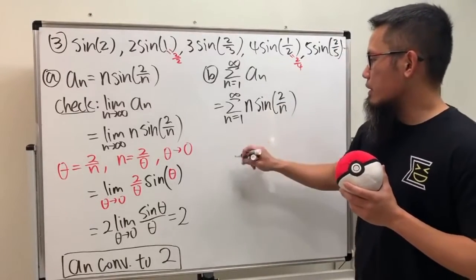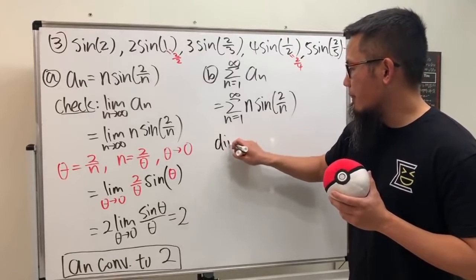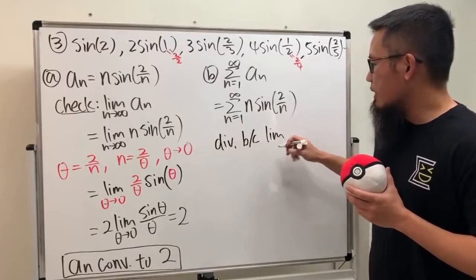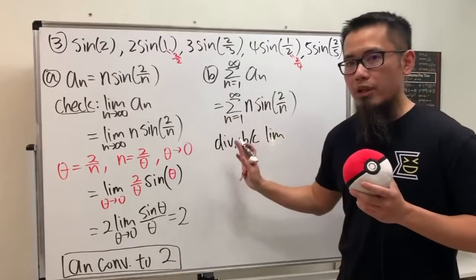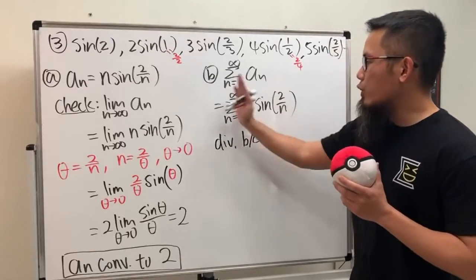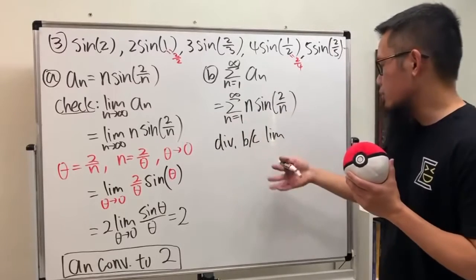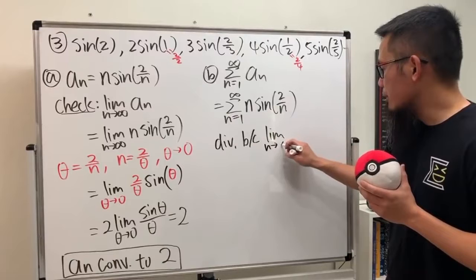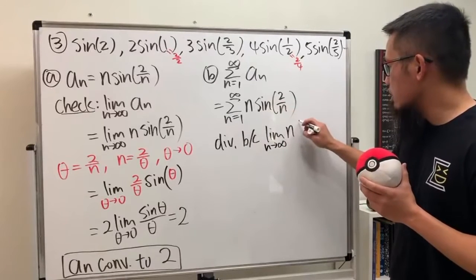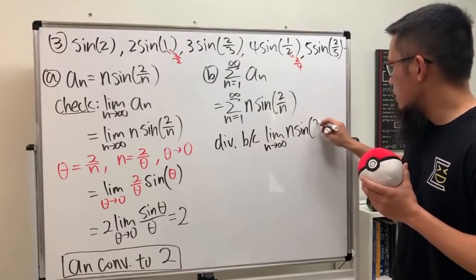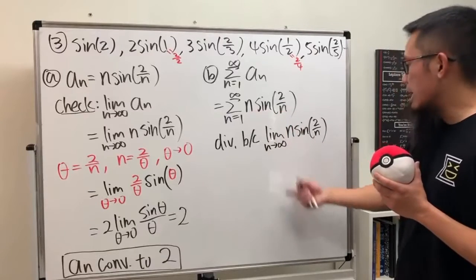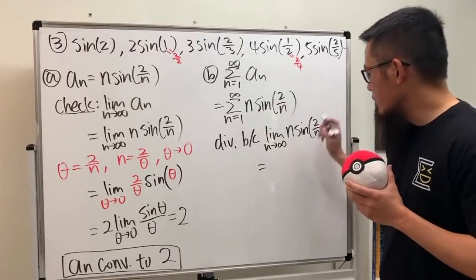And again, this is just how you can write down the answer. So you can say this right here diverges because, again, I'm just putting this down right here under the assumption that we are doing this on its own. So that's why you will just say the limit as n goes to infinity of that, right? You do a limit of this part, you put this down and you show that this right here is equal to 2.